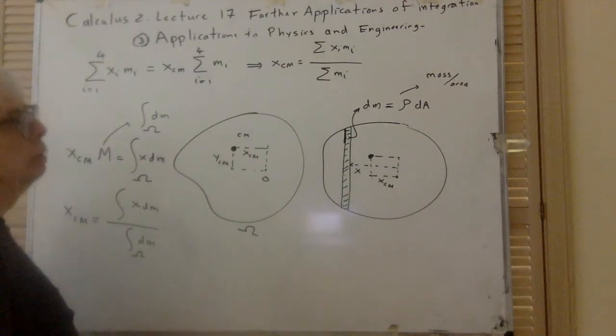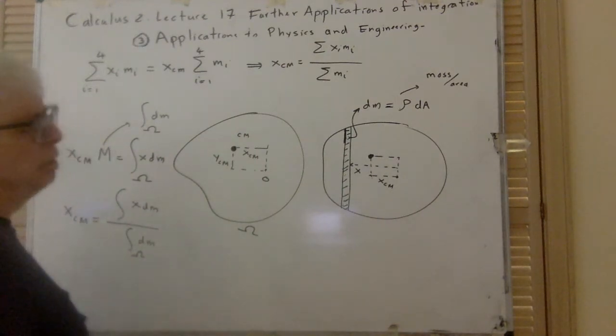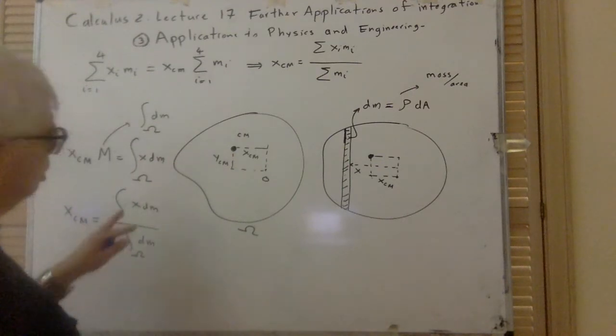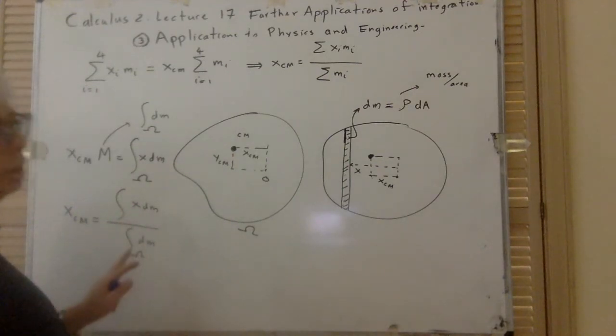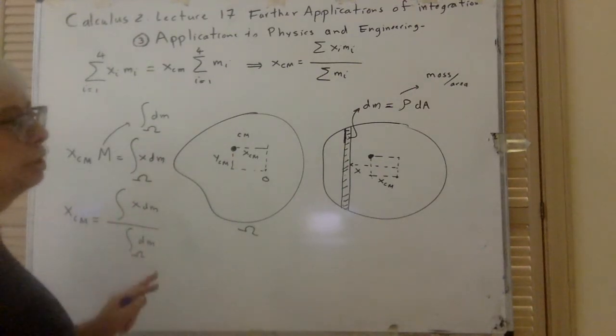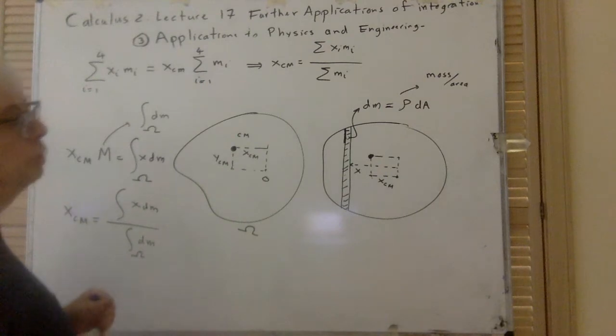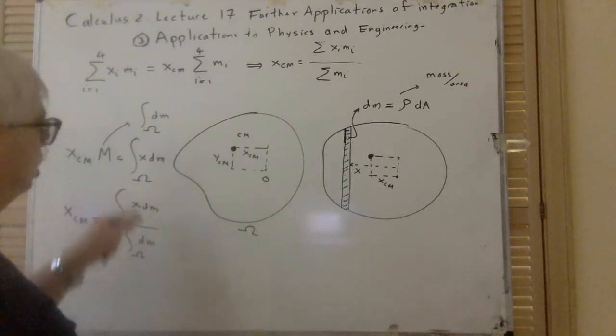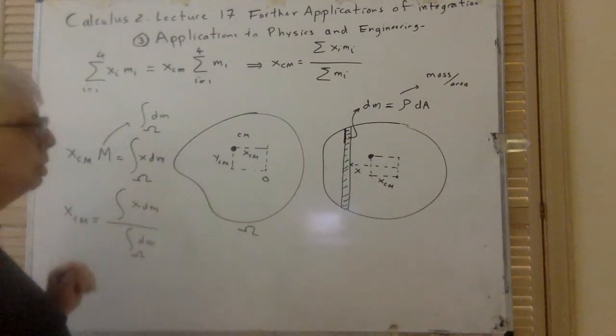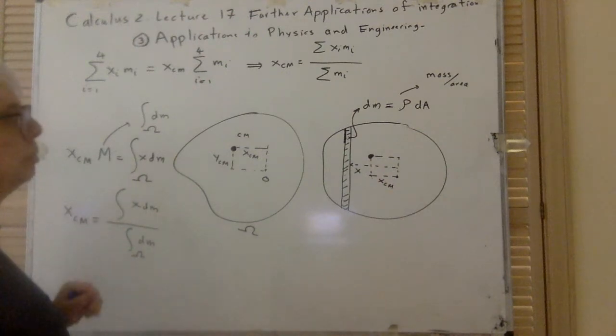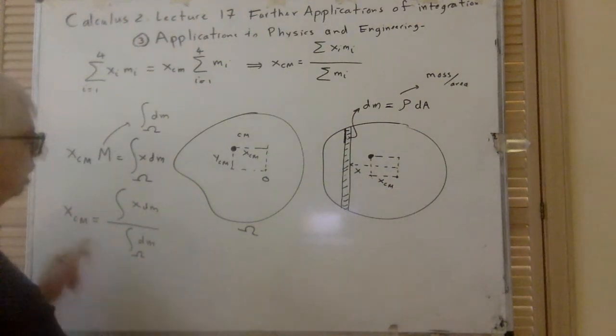And that will be given to you. In fact, we don't need that. You will see that you have a rho here and a rho here, and they cancel out, unless it changes with x and y. If rho is not a function of x or y or both of them, then we can just ignore it because it cancels out from here and here. Whatever. This is for xcm.